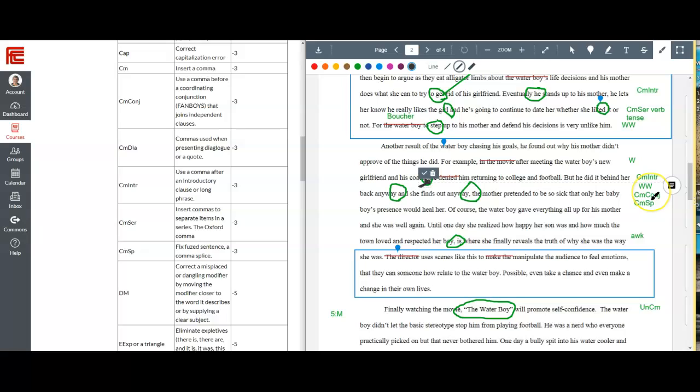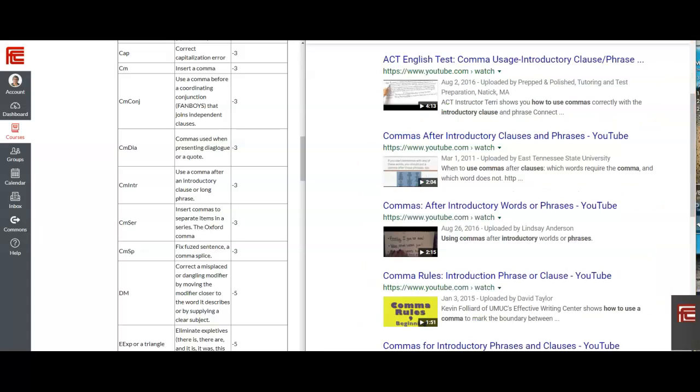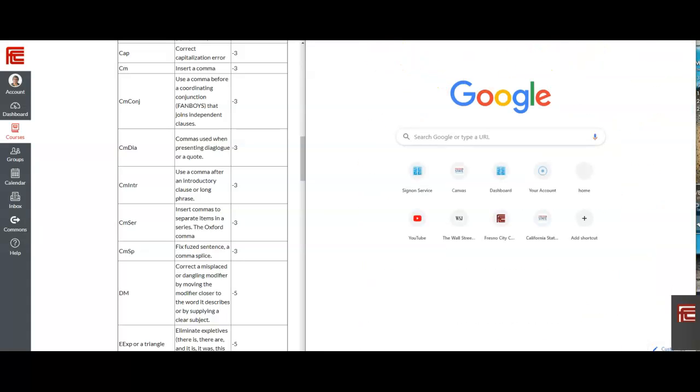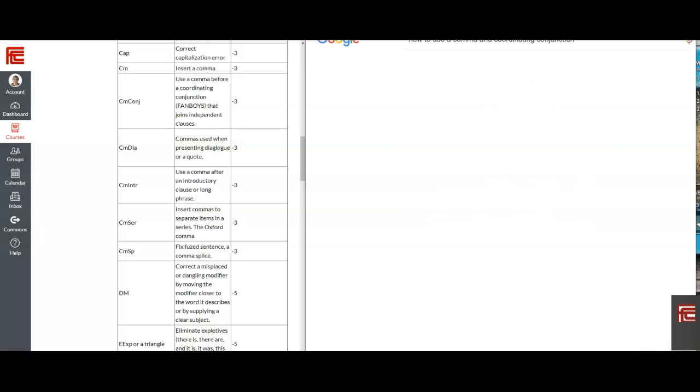So comma conjunction, let's come on over and look for it on Google. Remember, it says use a comma before a coordinating conjunction, a FANBOY, that joins independent clauses. So you need to come on over here and search how to use a comma with a coordinating conjunction, and there it is, very common.